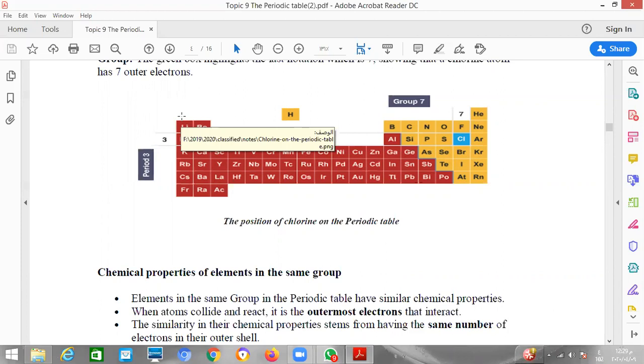So if I ask a question to Mohammed Dori, elements which exist in the same group have the same chemical properties. Why?